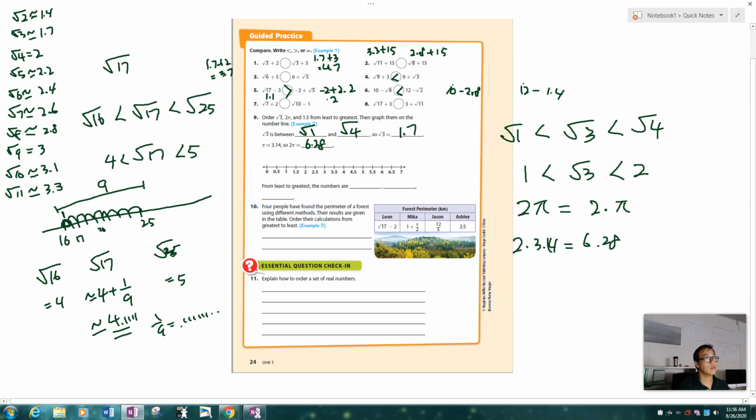Order that. Where's 1.5? There's 1.5 right here. And 2 pi, 6.28, is somewhere around here. That's 2 pi. And square root of 3 is 1.7, so it should be somewhere around here. That's the square root of 3.